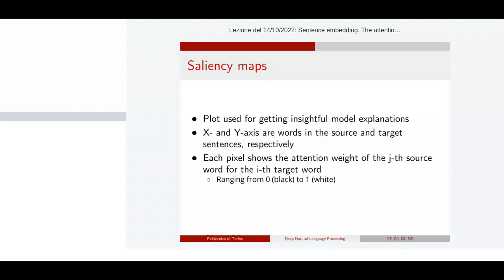During the next lab, you will also see an example of explanation based on attention. So we will show you how to leverage the attention score in order to explain.